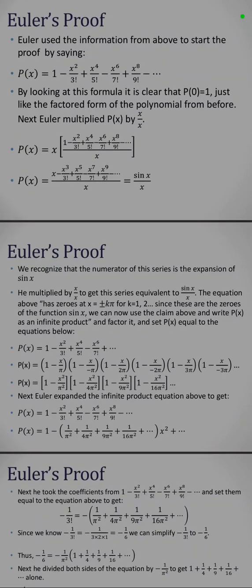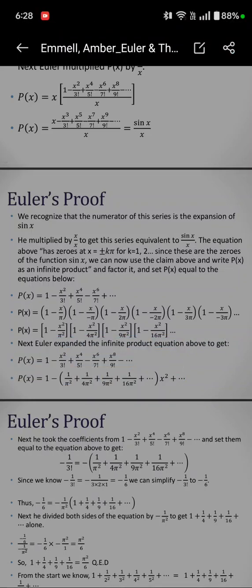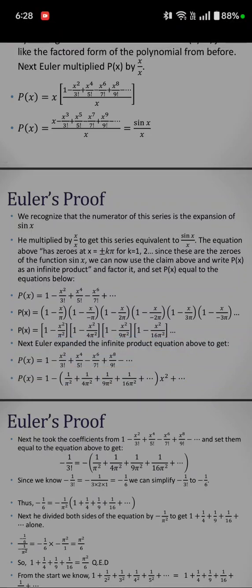So if you take x, k for 1, then x would be plus minus pi. If x would be pi, then this first term would be 0.